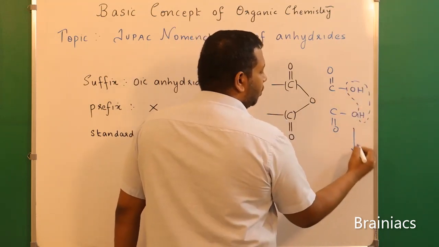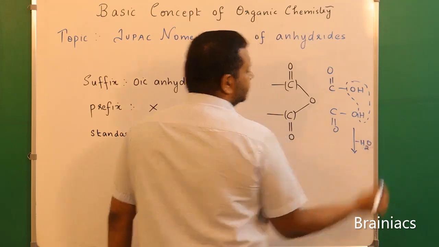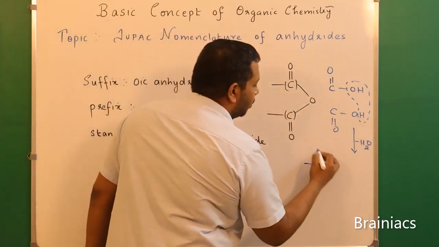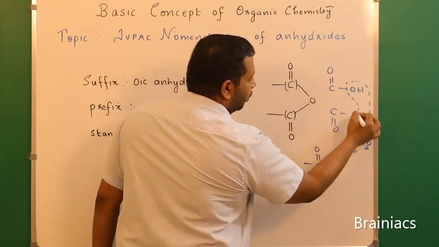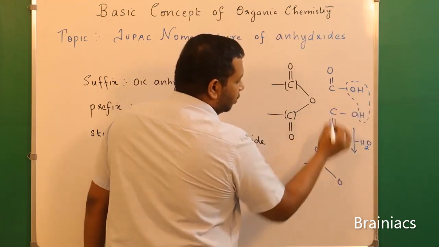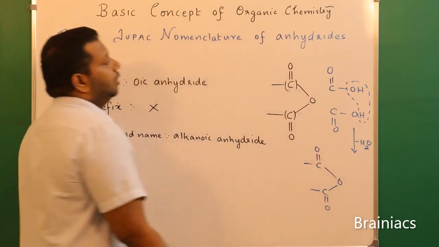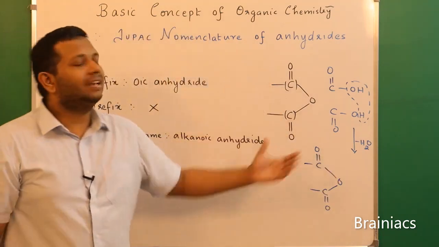On heating, water will get eliminated. So what will happen here? C double bond O, then the OH is gone, then one oxygen atom, and that oxygen atom is linked to another carbon, which has a carbonyl group. So this is basically how you obtain an anhydride.